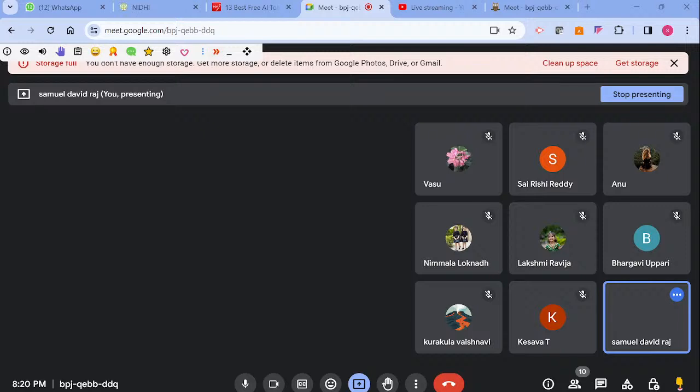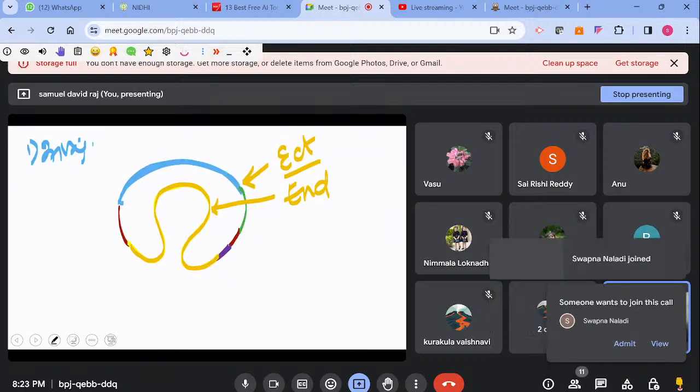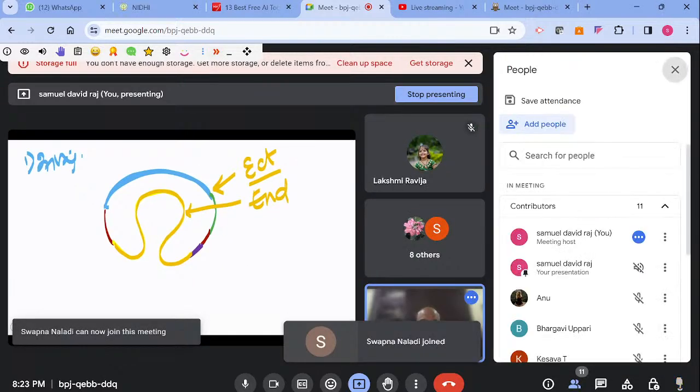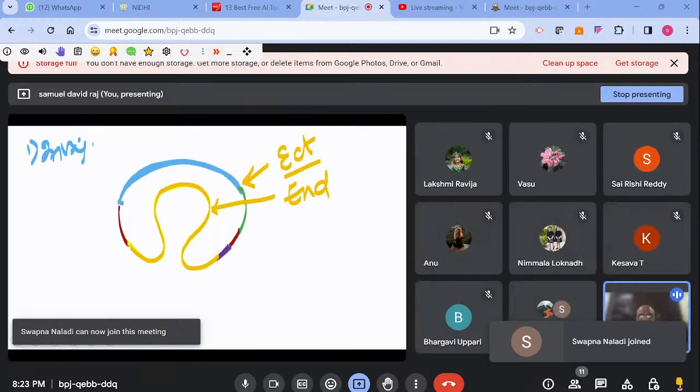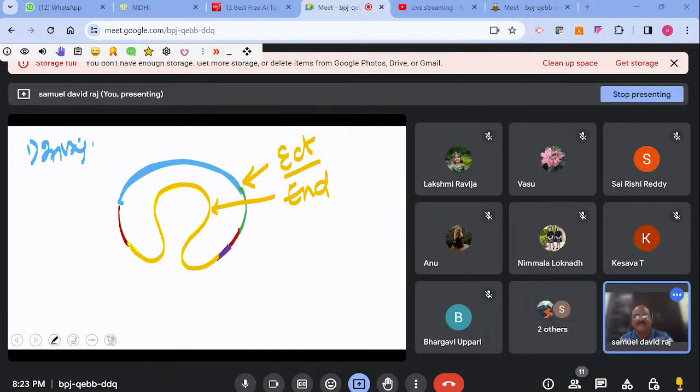And the inner layer, the new layer that is formed, is endoderm, because of the invagination of presumptive endodermal cells. Because of the invagination of presumptive endodermal cells, the blastocyst is obliterated. That means it gets reduced.